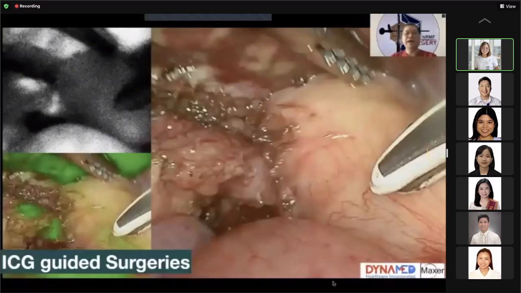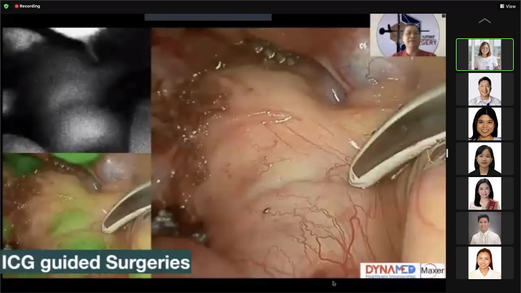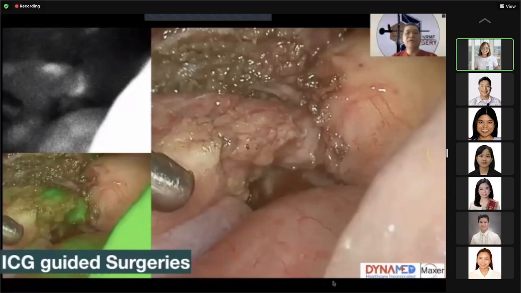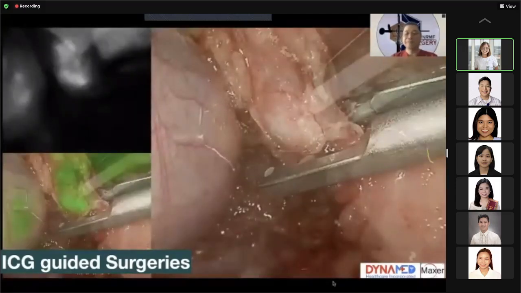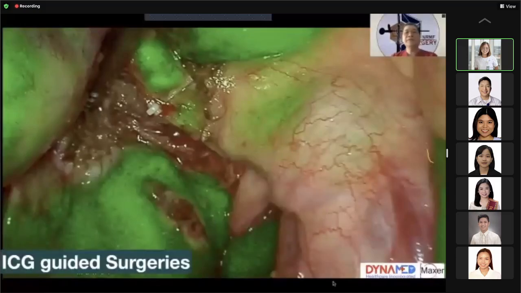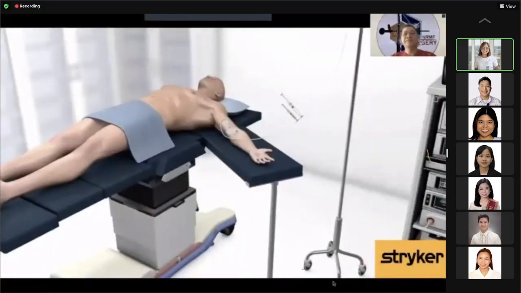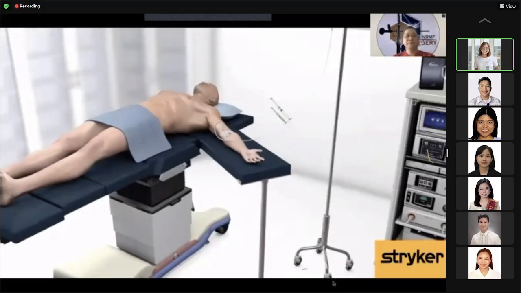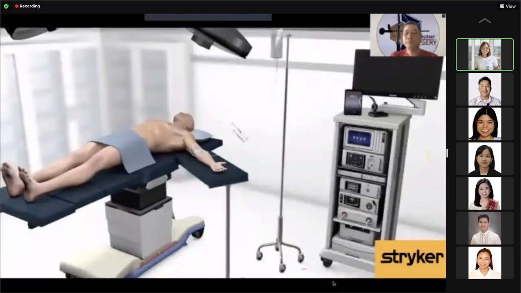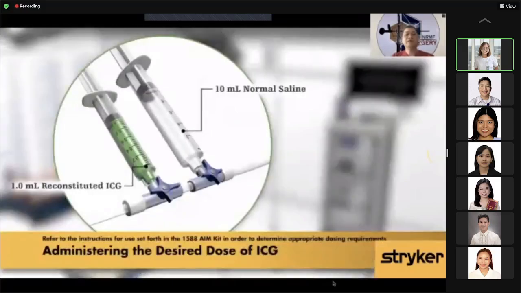So that's a common bile duct. Now, this is the gallbladder surgery in which the most common complication is bile duct injury. So this is the principle behind that ICG. Okay, so you inject a dye, around 2 ml, 8 to 10 hours before the surgery.